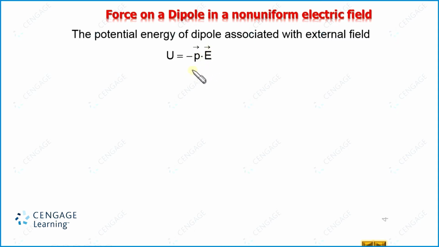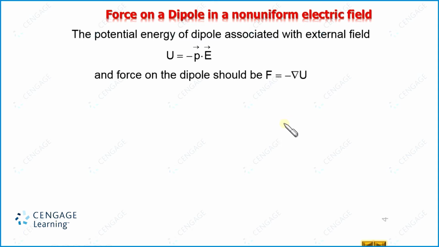Okay, and if we are interested to calculate the force, because we know the potential energy is associated with the conservative field, that means force acting on the dipole can be calculated by taking gradient of this electric potential energy like this. So force on the dipole should be equal to negative gradient of the potential energy.